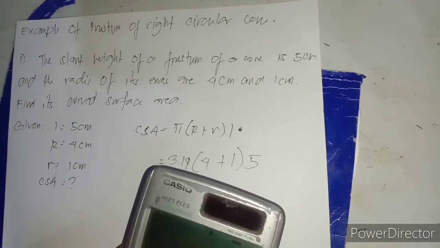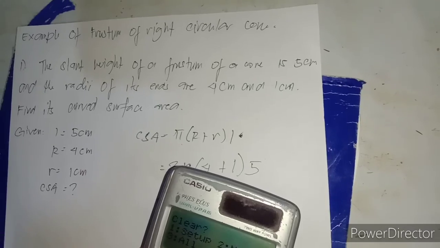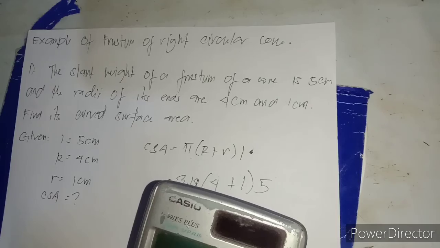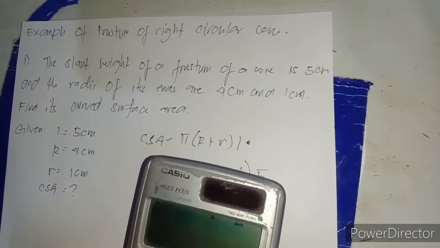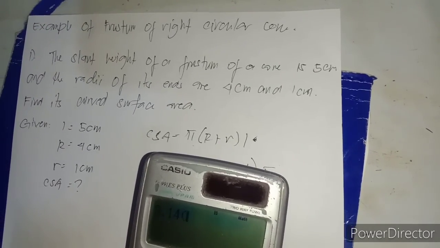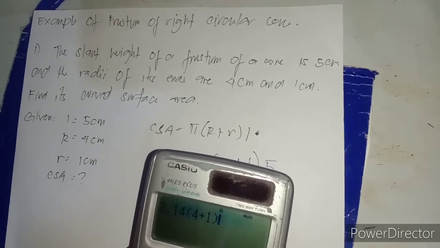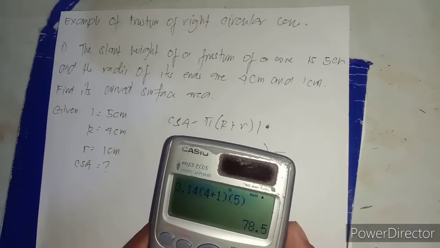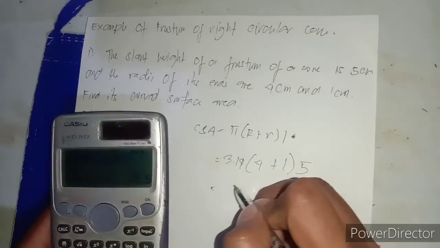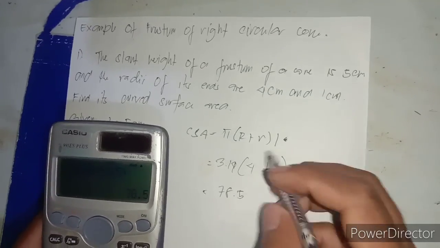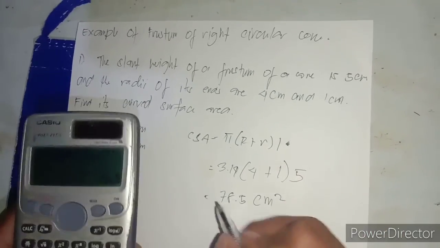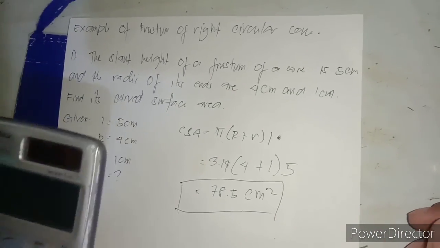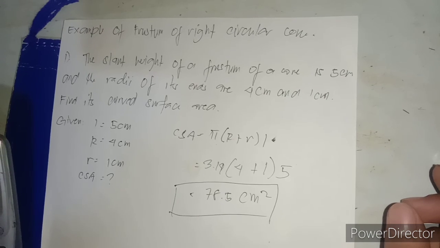So 3.14 times 4 plus 1 times 5. So the answer is 78.5 meters squared. So this is the curved surface area of the frustum of a cone.